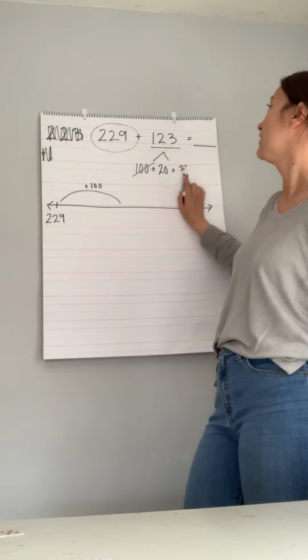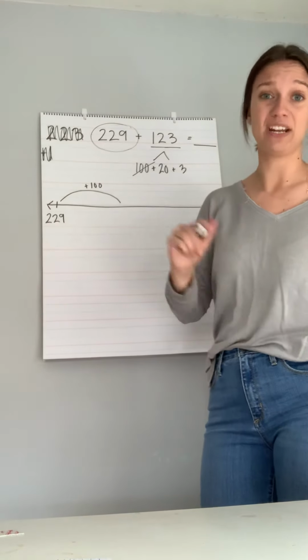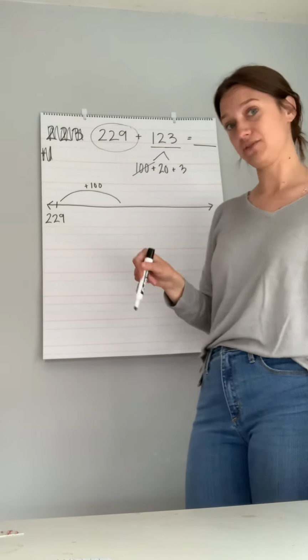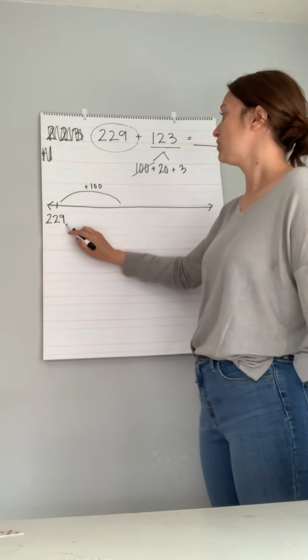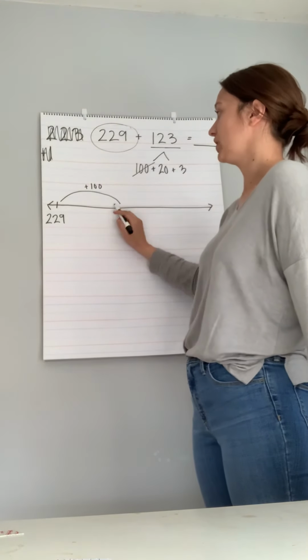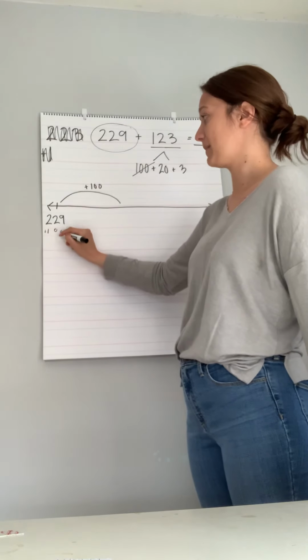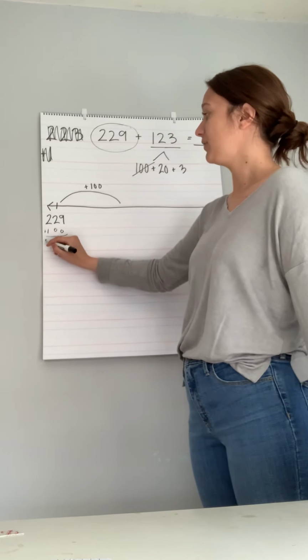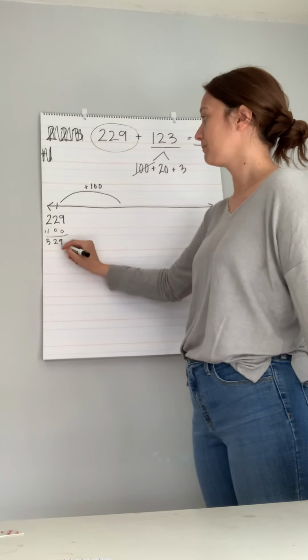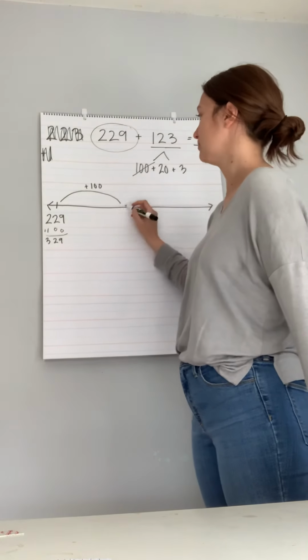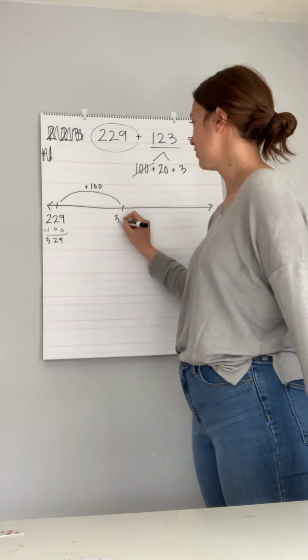So 123, whatever your number is, you can take that kind of jump. Just make sure that you label it correctly. So 229 plus 100. I can put it under here, stack it to make myself more comfortable. And I know that that is 329 because I'm adding a 1 to the hundreds place. So now I'm at 329.